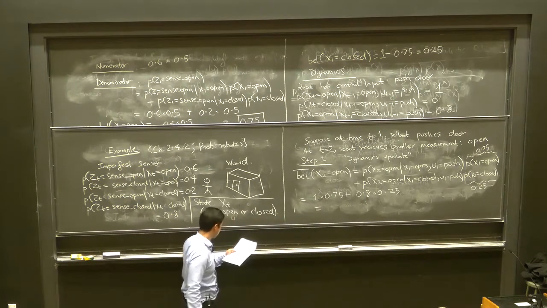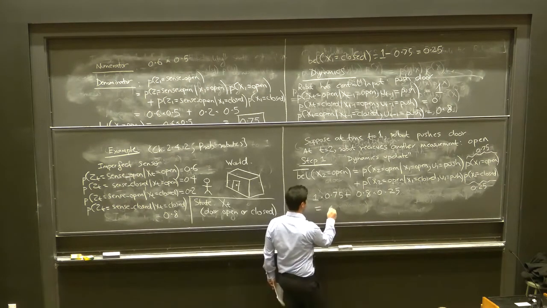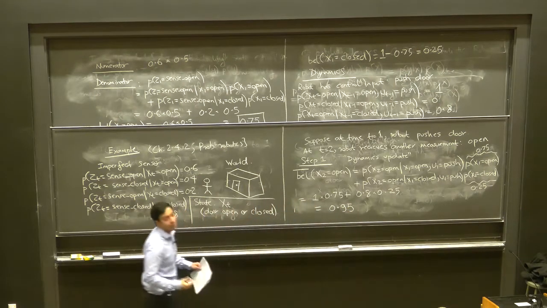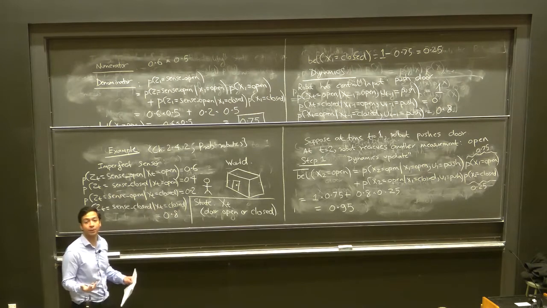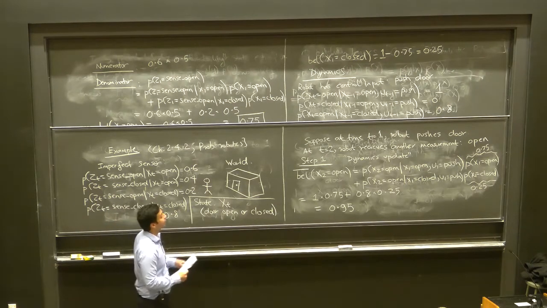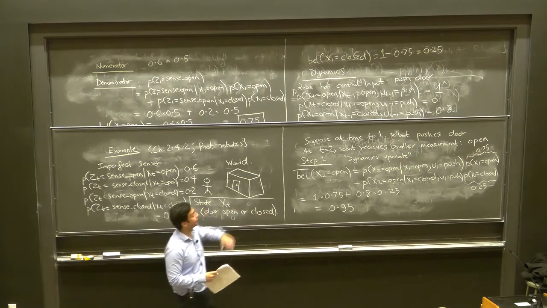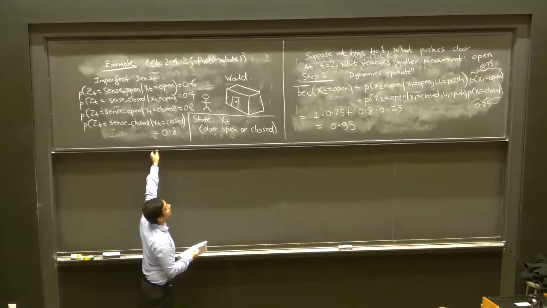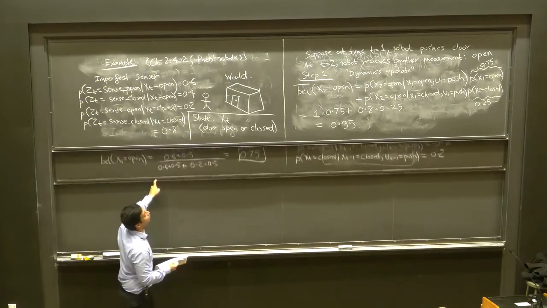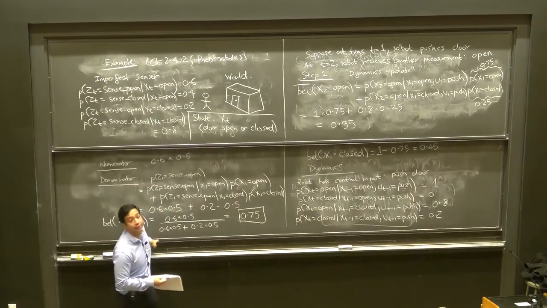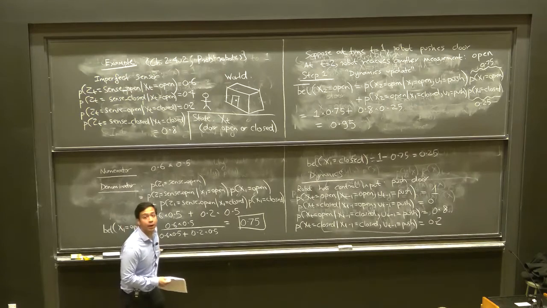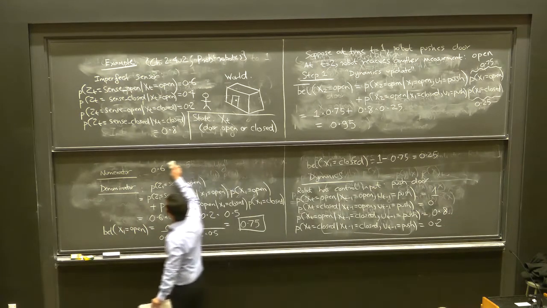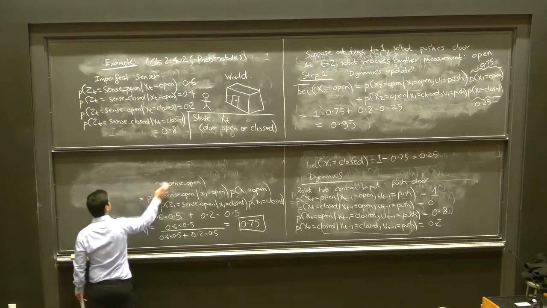If you multiply this out, it's 0.95. So the robot becomes even more confident that the door is open, which makes sense because it pushed the door, and usually when you push a door, it becomes open. And it was already reasonably confident, 0.75, that the door was open at the first time step. The final step here is to incorporate the new sensor measurement.